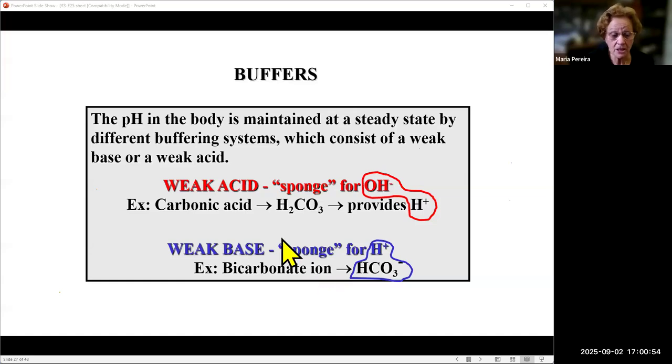Okay, so these two molecules, carbonic acid and bicarbonate, work together to maintain a neutral pH in the blood. So the carbonic acid can react with excess hydroxide ions to bring the pH to neutral, and the bicarbonate ion is able to absorb the excessive hydrogen ions to neutralize the pH. So these two work together to allow the blood to be at a neutral pH.